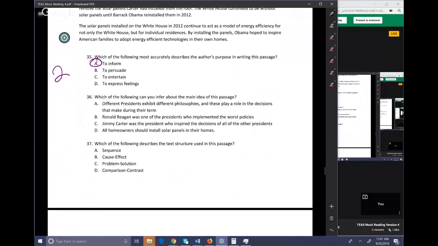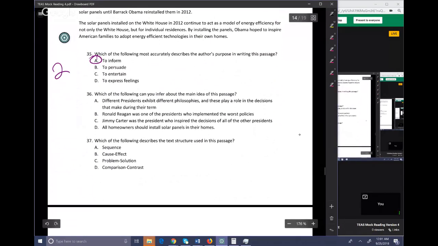Which of the following can you infer about the main idea? So this would be A, that different presidents exhibit different philosophy, and these philosophies play a role in the decisions that they make during their term.